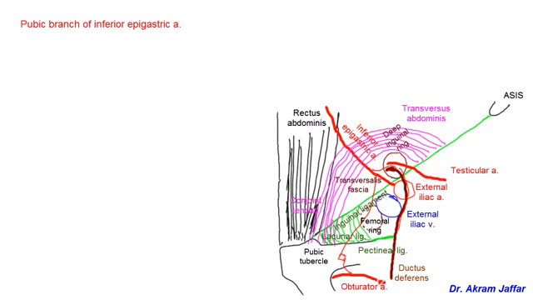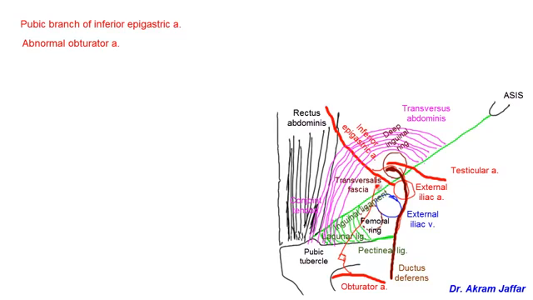Sometimes the obturator artery is absent. The proximal part of the obturator artery is absent, and the pubic branch of the inferior epigastric artery becomes large and replaces the proximal part of the obturator artery, and continues through the obturator foramen into the thigh. Now this large branch here is called the abnormal obturator artery.